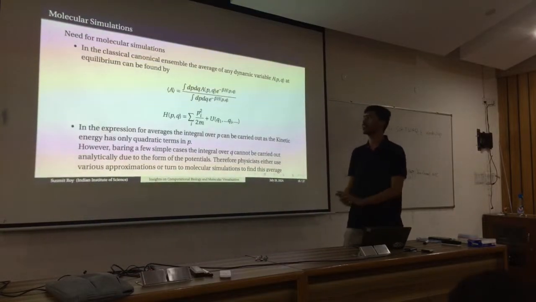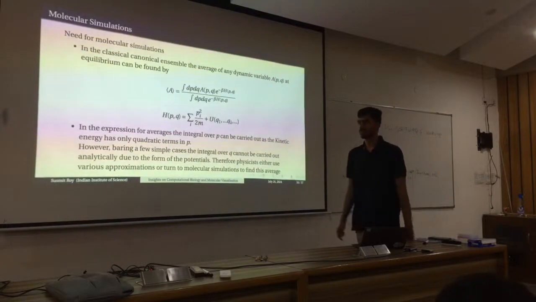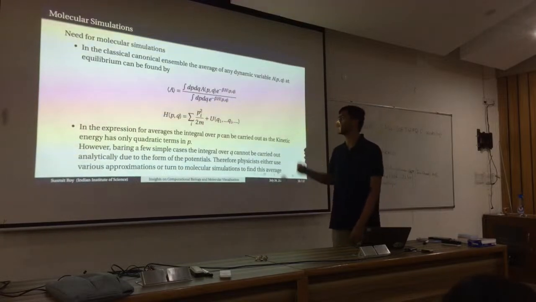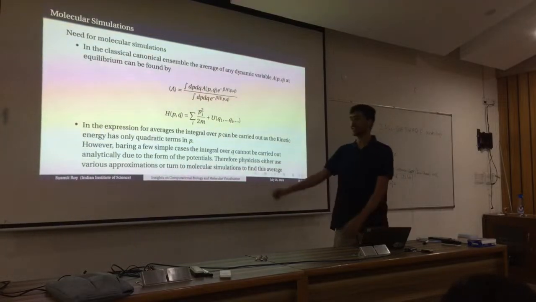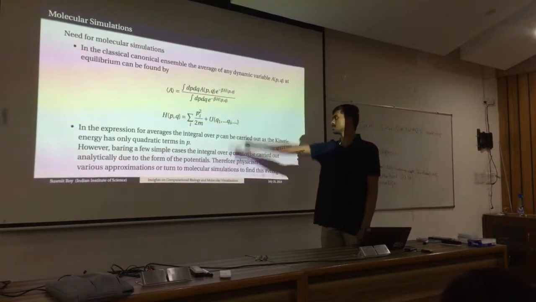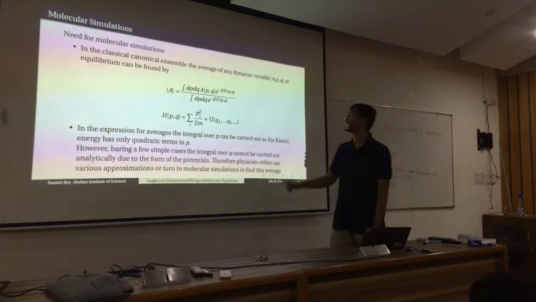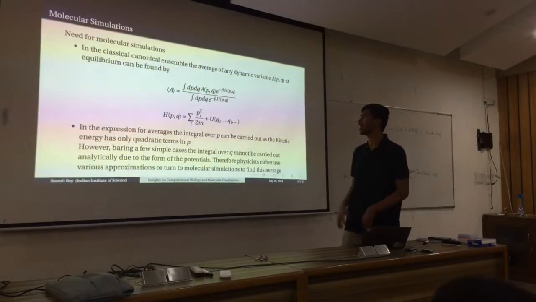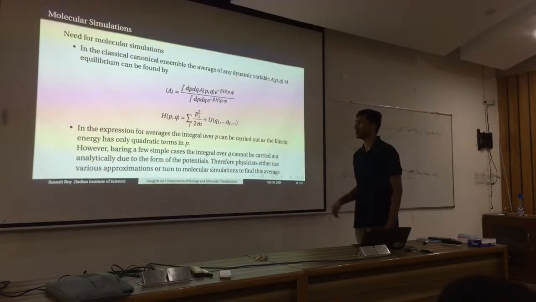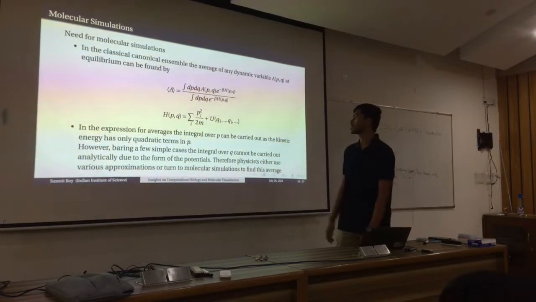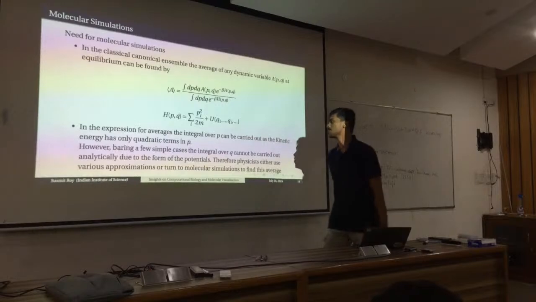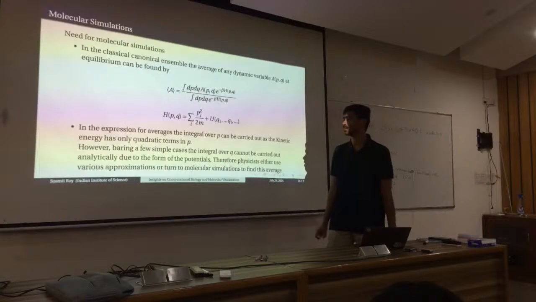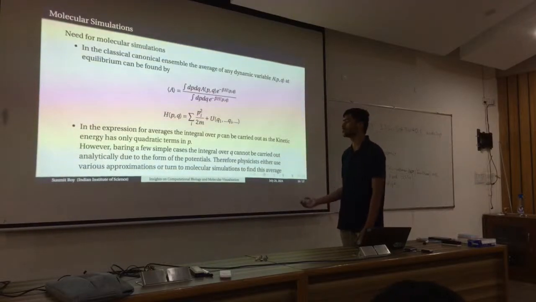So now I come to molecular simulations. We saw that for calculating averages in the canonical ensemble, you do this, but this is only possible for very few cases. It has not been done analytically for most of the systems which we have. They have a squared term in P, but if you don't know the potential, the integration becomes very tough.